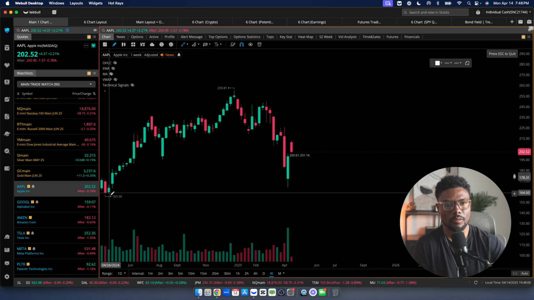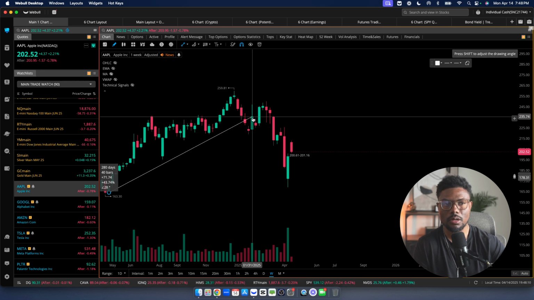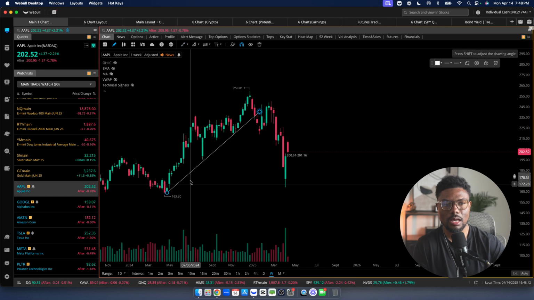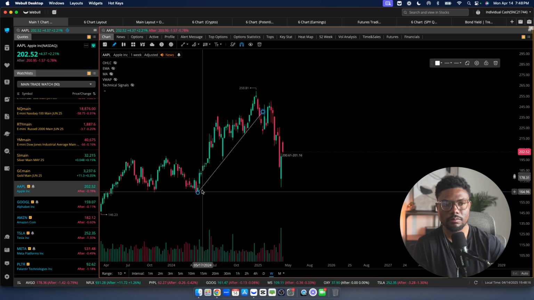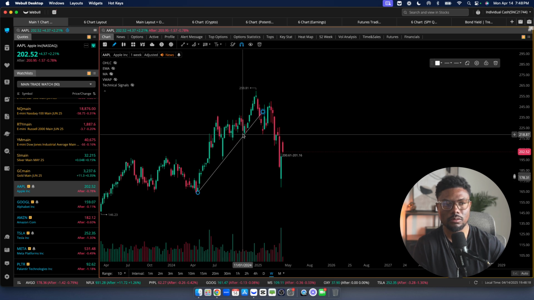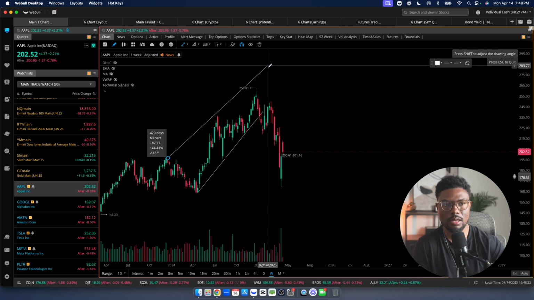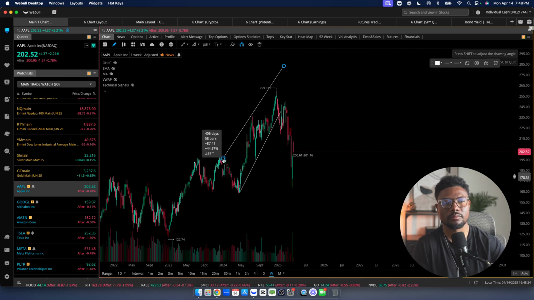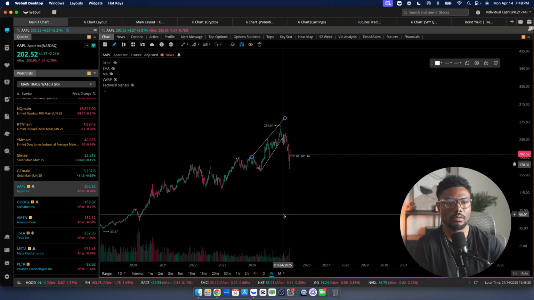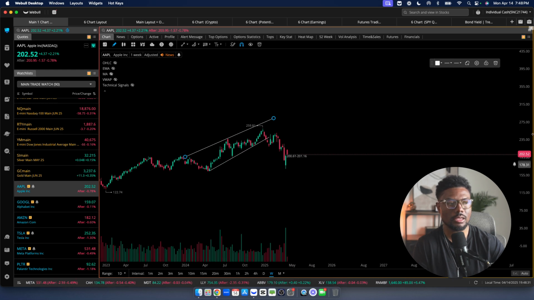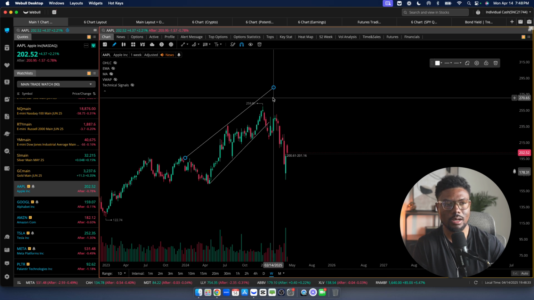Here, back in April of 2024, a year ago, Apple was making higher lows. See there? Low, low, low, trending upwards. And making higher highs, trending upwards, like that. So the trend in the short term on a weekly was going up.